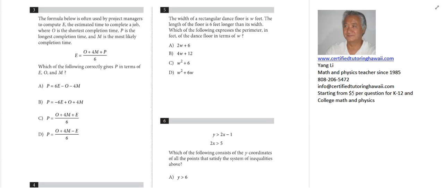So they have E equals O plus 4M plus P, over 6. They ask which of the following correctly gives P in terms of E, O, and M.